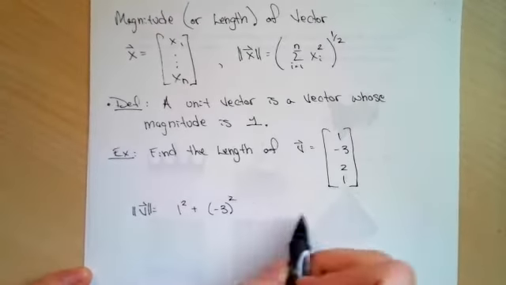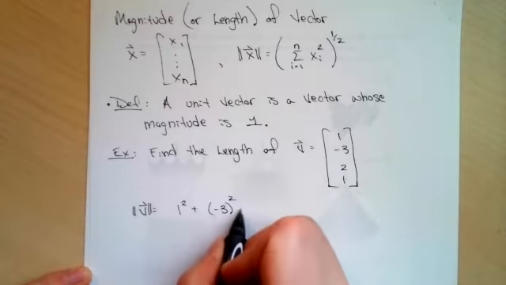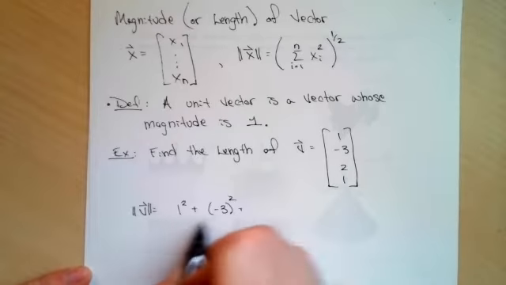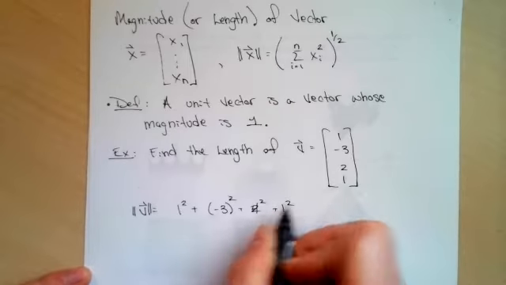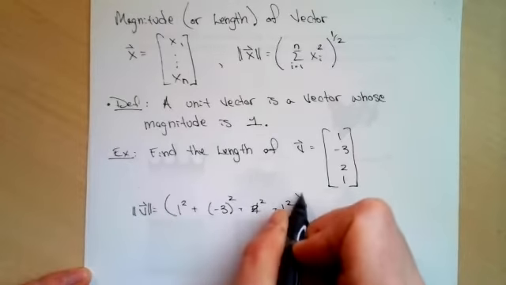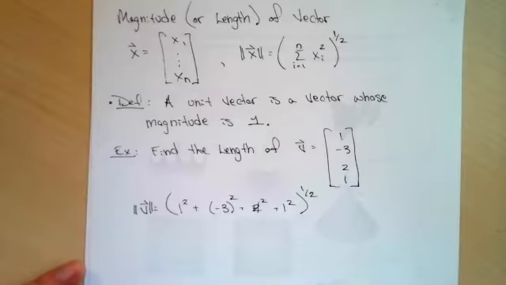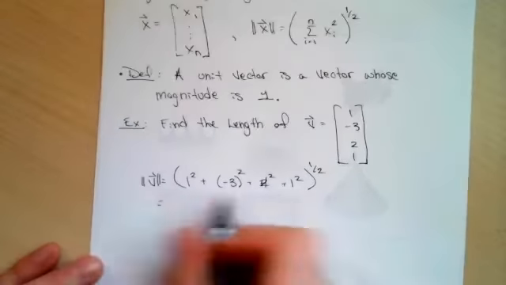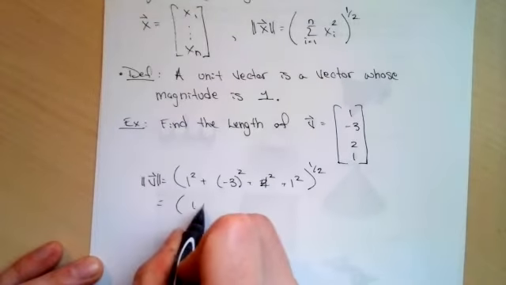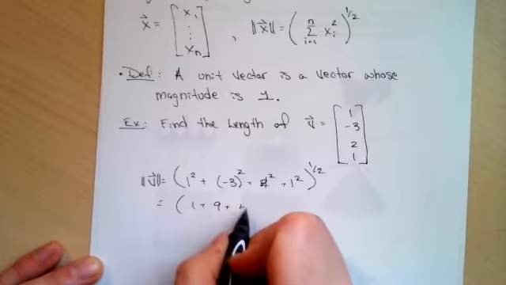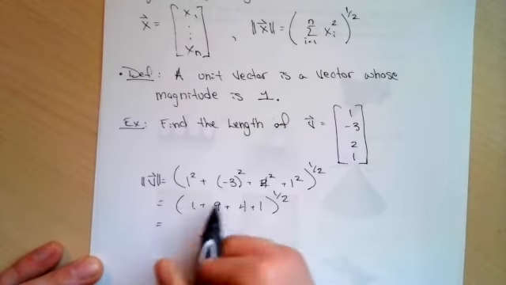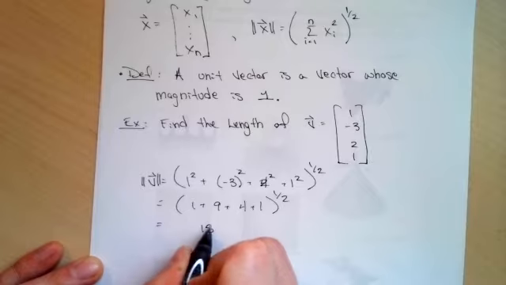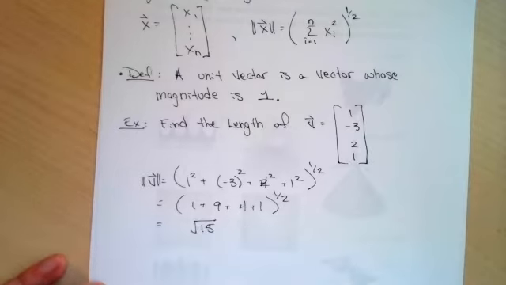So when we're computing the norm, even if the individual component is negative, that negative sign isn't going to affect the length. Sorry, 2 squared plus 1 squared. And then we want to square root everything, which is oftentimes easier just written as the 1/2 power. And so what are we going to get? 1 plus 9 plus 4 plus 1 to the 1/2. And so we've got square root of 15.